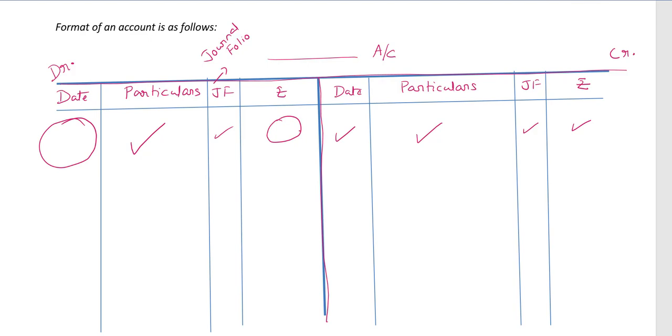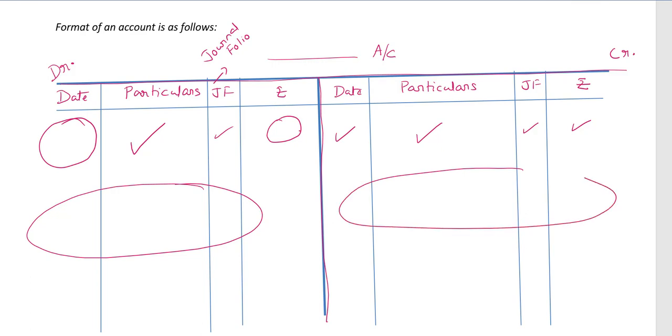Now, when we record an entry on the debit side of the account, we are said to have debited the account. And when we record a transaction on the right side or the credit side, we are said to have credited the account. Let's say the account is cash account. Let's say I wrote here to sales account.